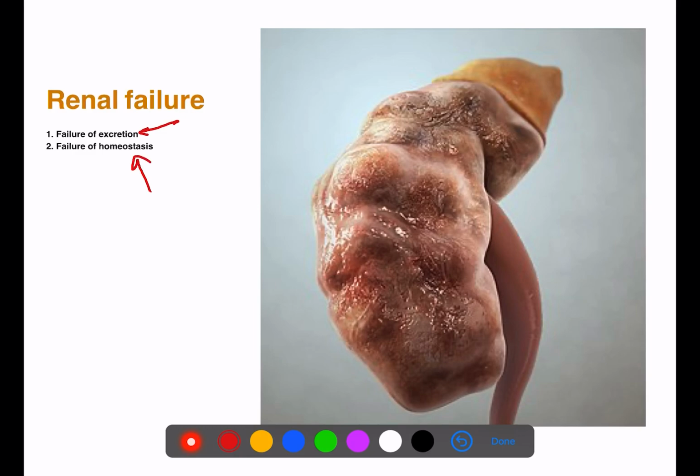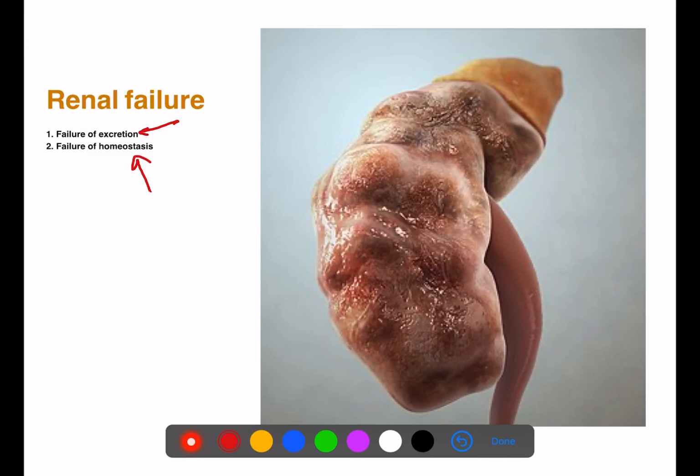As we know from physiology, the two main functions of the kidney are excretion and homeostasis. Excretion occurs within the glomeruli, and homeostasis occurs within the tubule. Renal failure is also classified according to clinical manifestation, into acute renal failure and chronic renal failure.